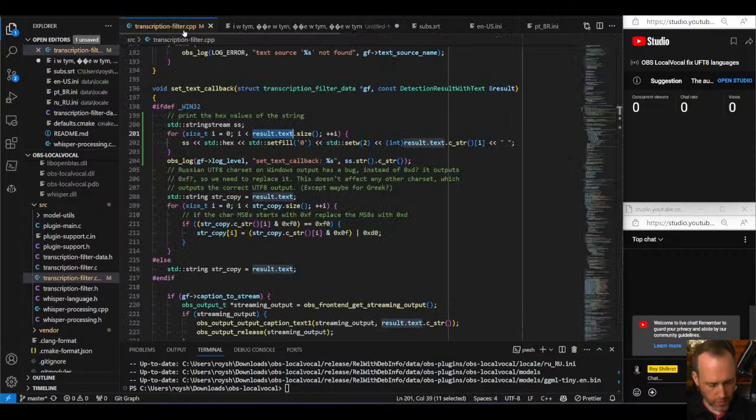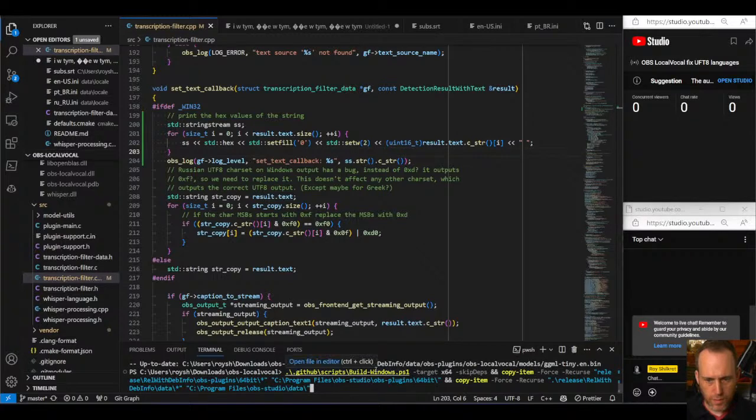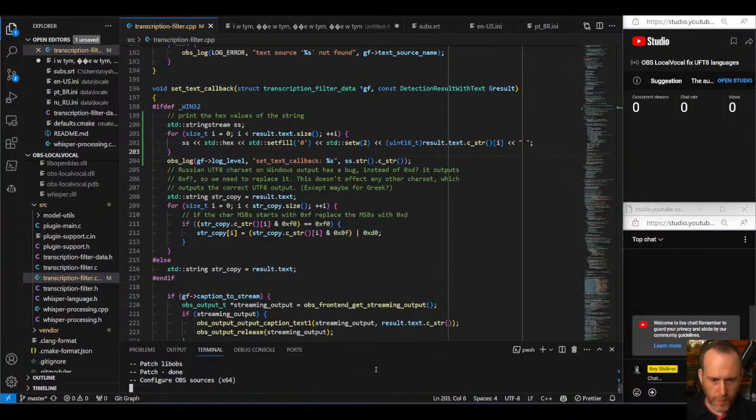Why does it pop up as a single thing? Let's see, character by character. I think that we're going to have to do UN16, assuming this is a multi-byte. Let me try this.